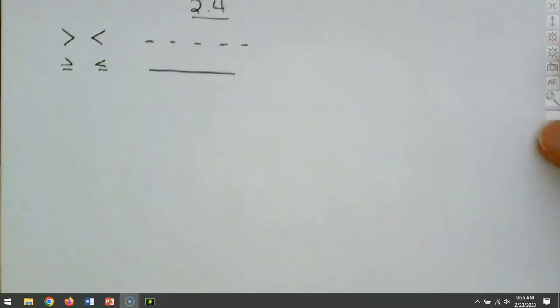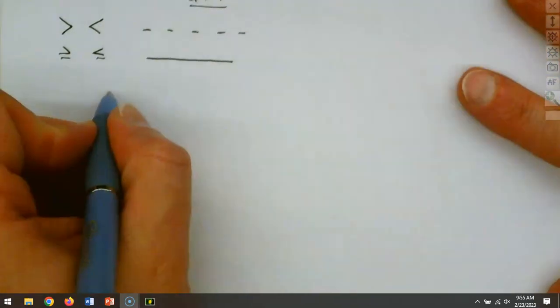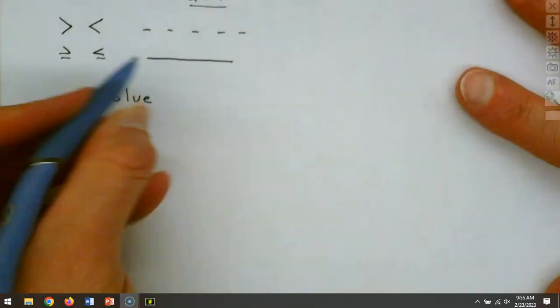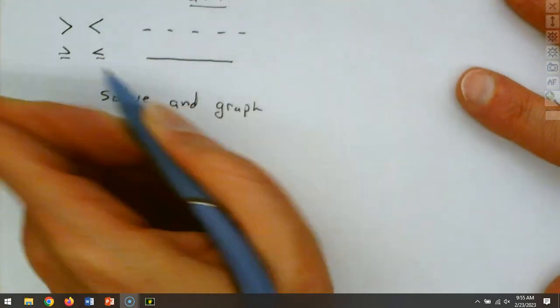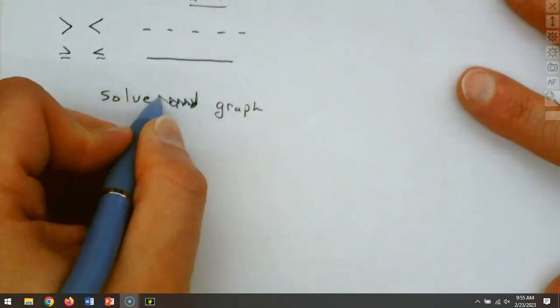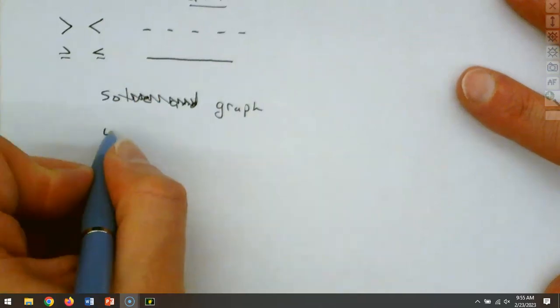These, again, won't take long at all to go through. We're just going to graph these, because we're not really solving anything. And we'll start off with an easier one.